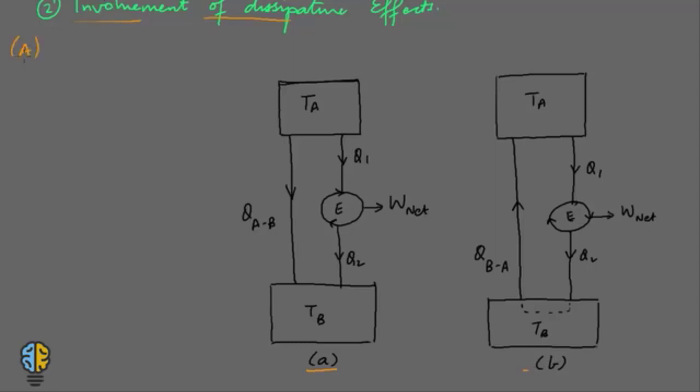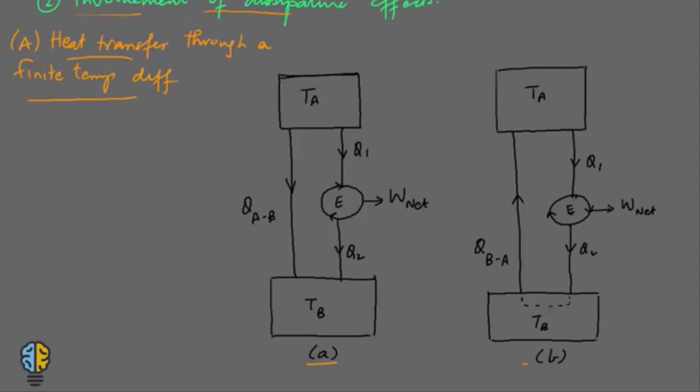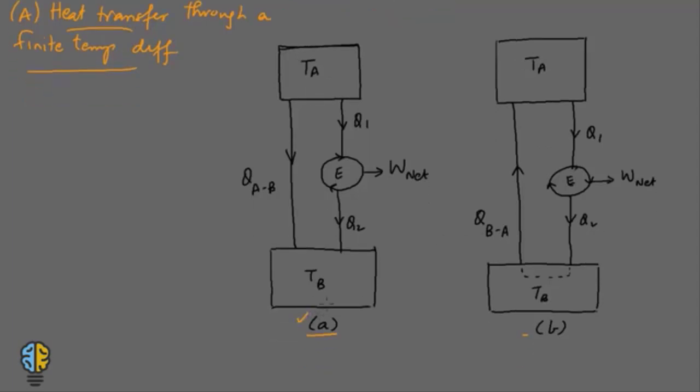So the example in this case is heat transfer through a finite temperature difference.